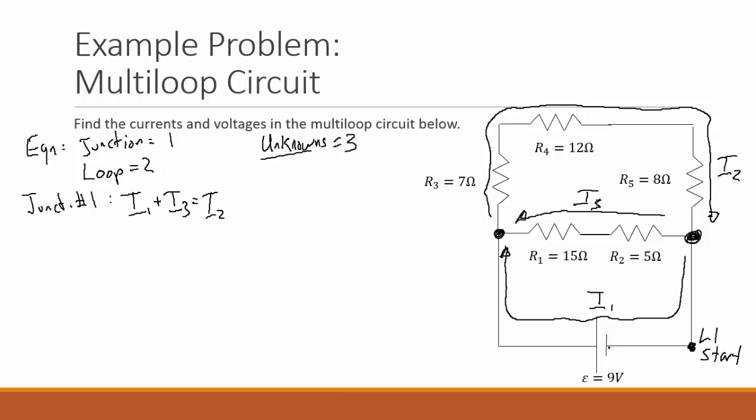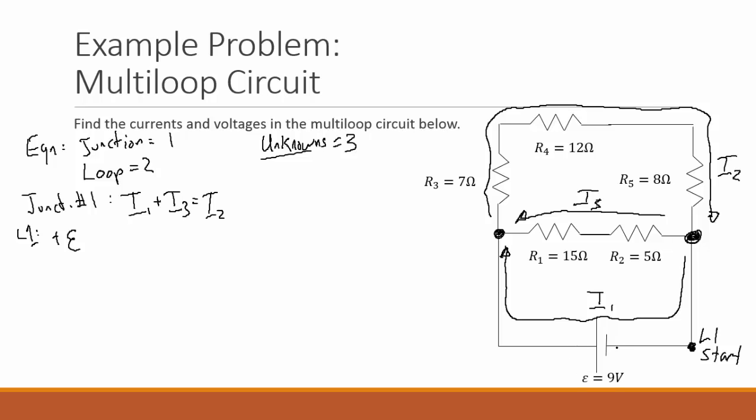I'll first hit the battery, and I'm going to cross the battery in the direction of the current. So my voltage change, call this L1 for my first loop equation, is going to be plus E. I'm going to use a symbol instead of actually listing the values because it's going to be a lot simpler.